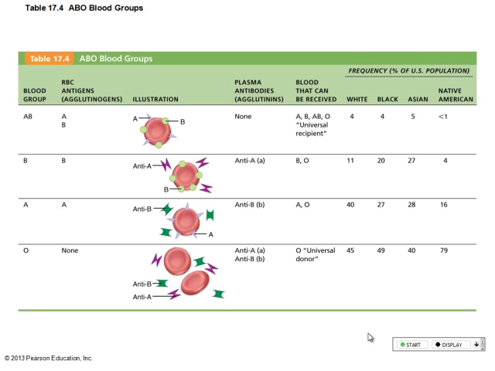So, Rh is another antigen. It's called D. And if I have it, I'm positive. If I don't have it, I'm negative. This antigen follows the other antigen rules I mentioned before, these ABO guys, who are kind of the exception to the rule.